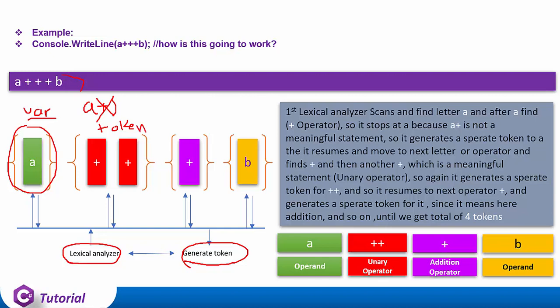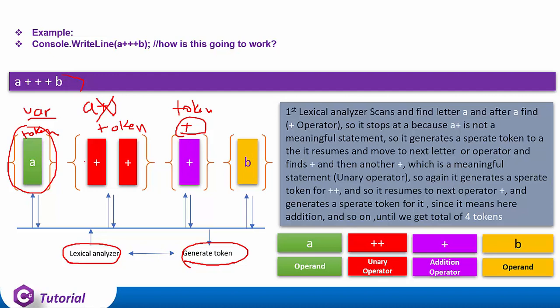So now we have two tokens. We have this token and we have this token. Next one, it will scan and it will find there is another plus, and the plus is an addition operator. So it will accept this and make it also a token. And after checking, plus b is not a token together.